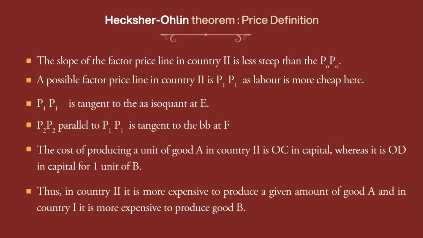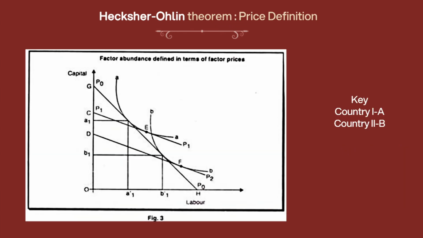That is, we find that in country 2, which is labor abundant, it is more expensive to produce a given amount of good A, which is capital intensive, and in country 1, which is by our assumption a capital abundant country, it is more expensive to produce the good B, which is labor intensive.